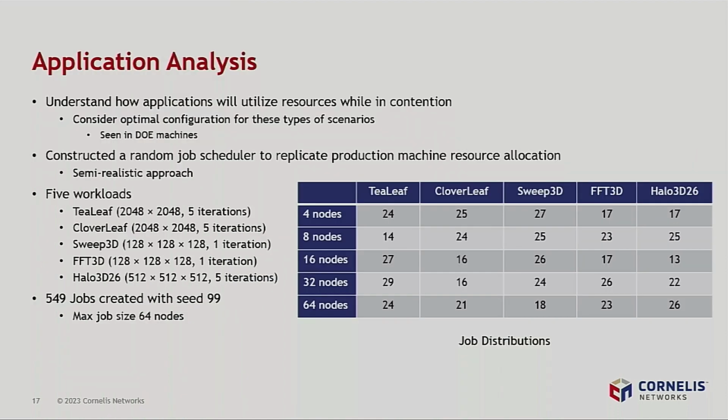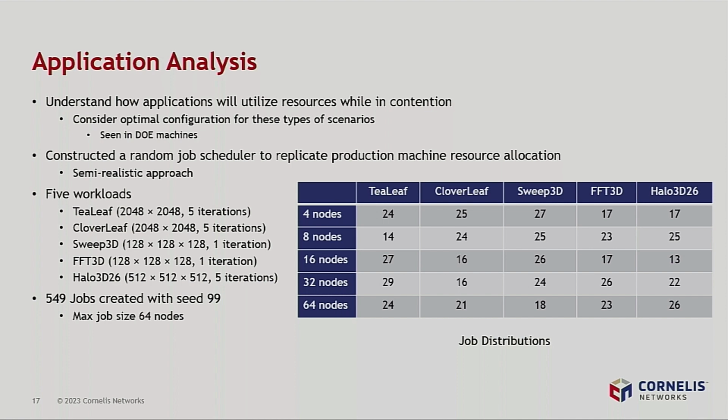Then we can start doing the application analysis on top of that. As I said, we're working with the DOE, so we've got these motifs that represent different style workloads that they see in an application. We've written a replication of their job scheduler, so we can schedule a random number of jobs, allocate them around the system and see how they interact with different routing parameters.